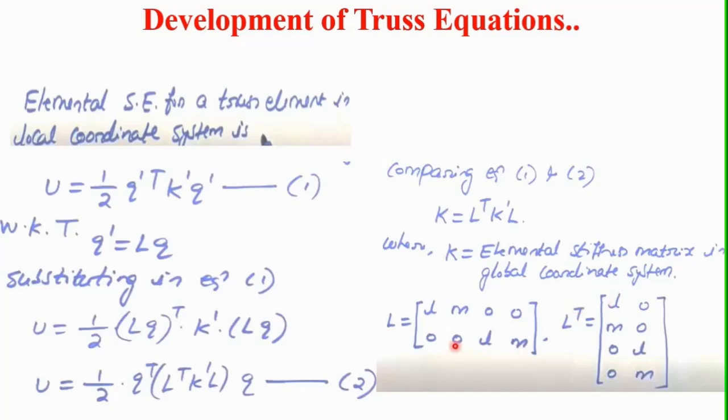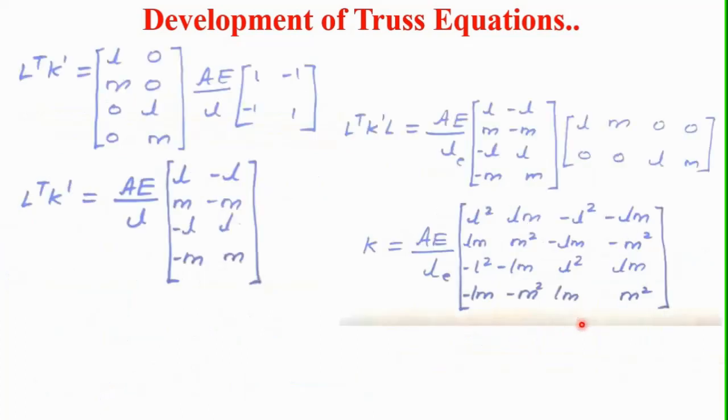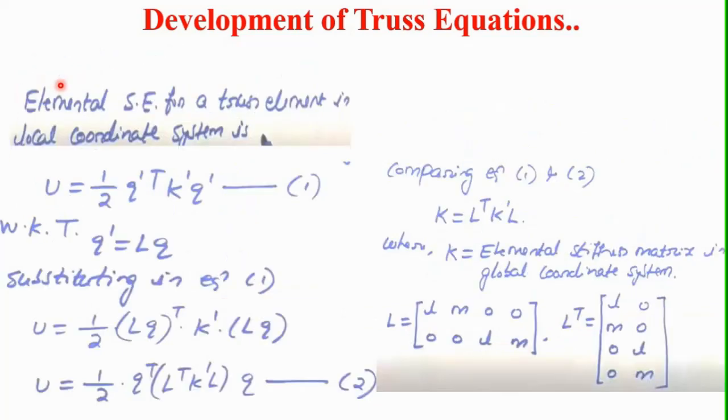Now this is L and L transpose, so therefore L transpose into K dash: L transpose is the matrix [l 0; m 0; 0 l; 0 m], multiplied by the k matrix.